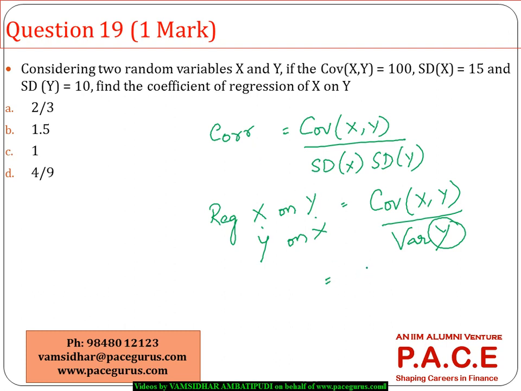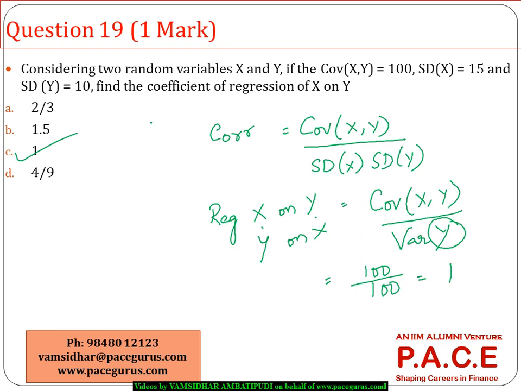So covariance of x comma y 100 by variance of y 100, which is working out to 1 itself. So I could directly mark the option choice C here. 1 is the regression coefficient of x on y.